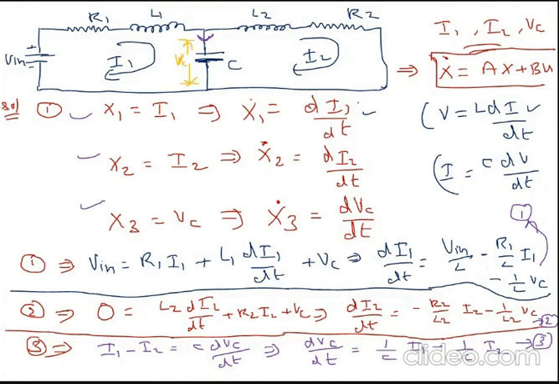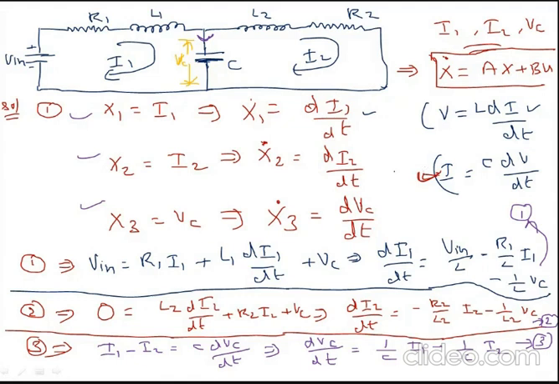And a simple logic without any confusion: if you need di by dt, then you need to write the expression for voltage, so apply KVL. For getting the expression for dynamic current you apply KVL, and for getting the expression for dynamic voltage you need to go for KCL, that is the current expression.